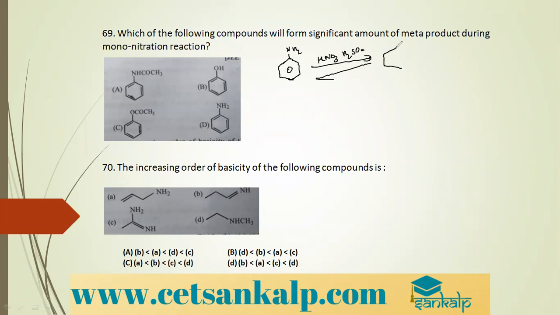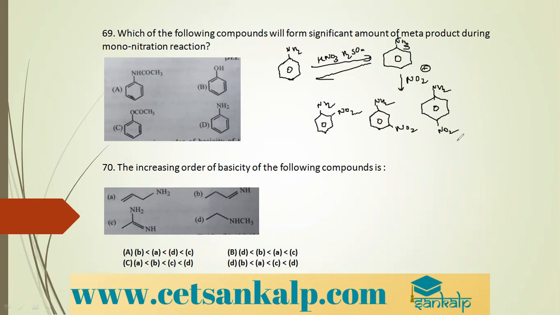We get the NH3+ ion. This will abstract NO2+. So we will get the benzene ring with NH2 at ortho position with NO2, benzene ring with NH2 at meta position with NO2, and benzene ring with NH2 at para position with NO2.